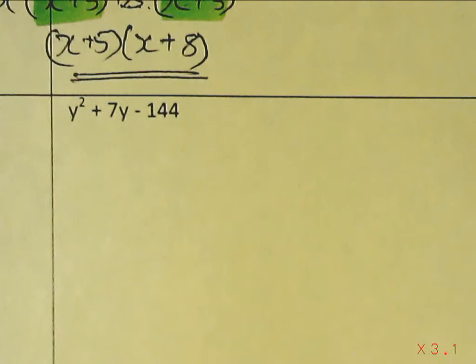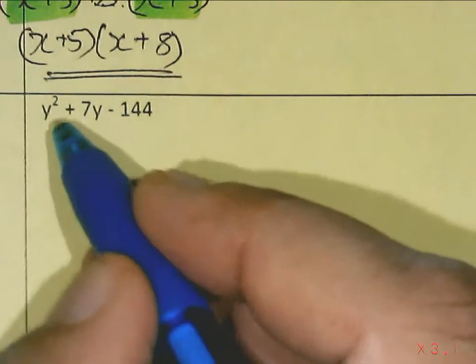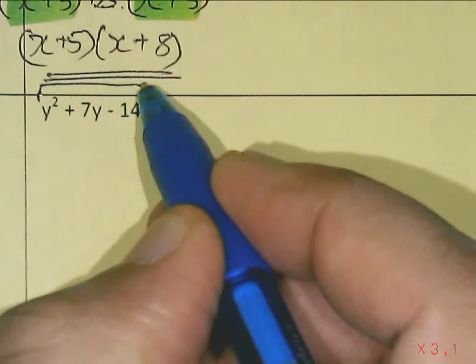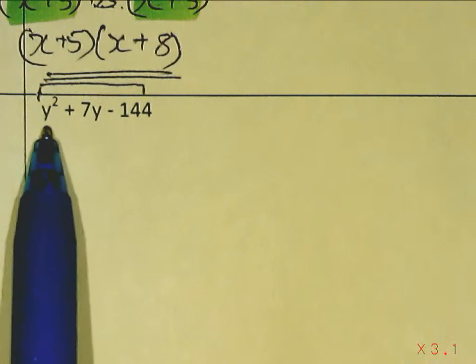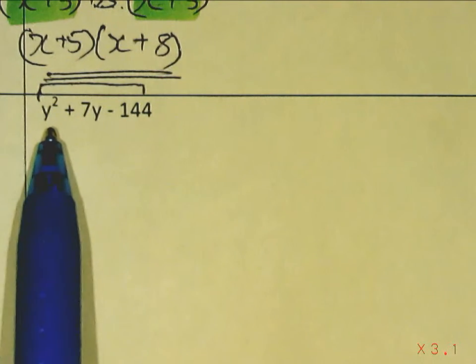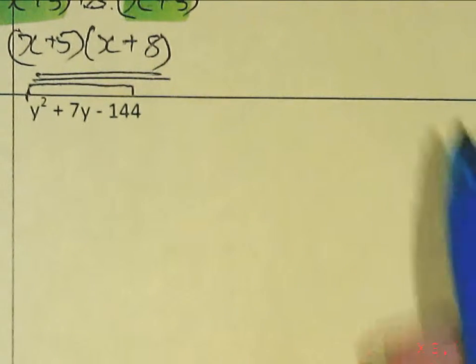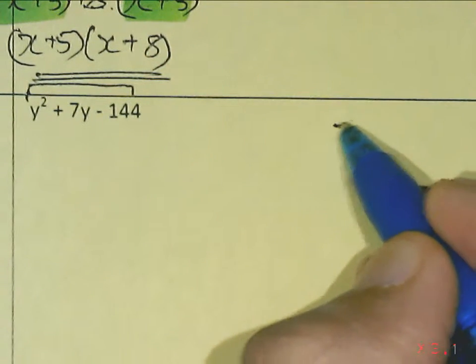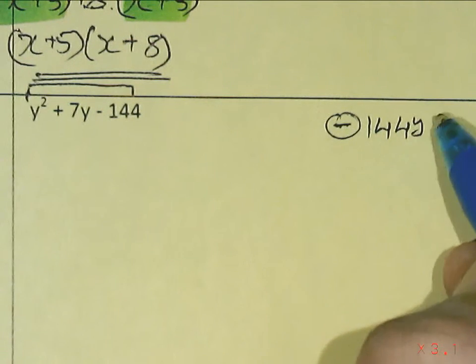This time, like the previous question, let me multiply these two. Y squared plus 7y minus 144. I am multiplying the extremes, y squared and 144, which gives me negative 144 y squared.